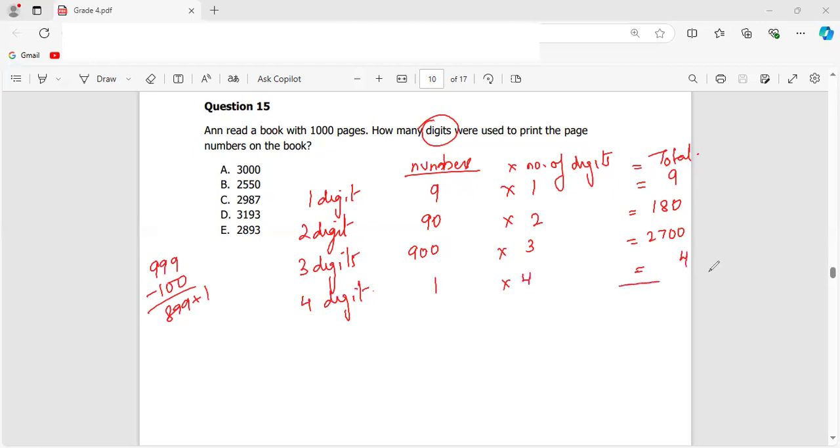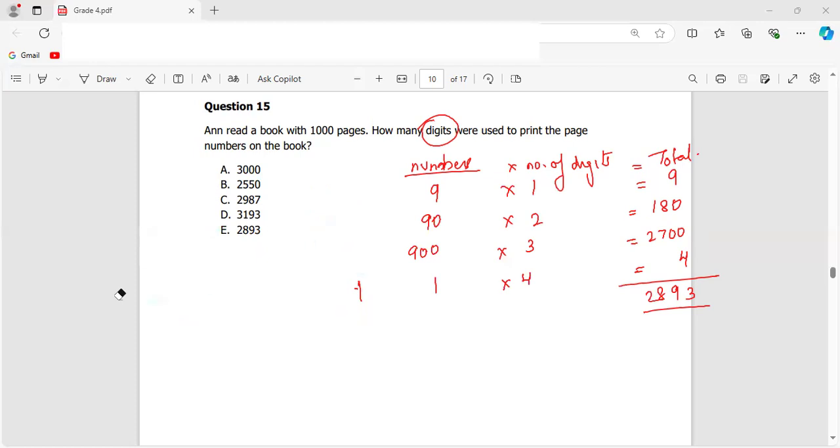So you add up 4. So 3, 1 carry. Oh, sorry, 13, 1 carry. So 9 and then 8. So it is 2893. So the answer for this question is 2893, which is option E.